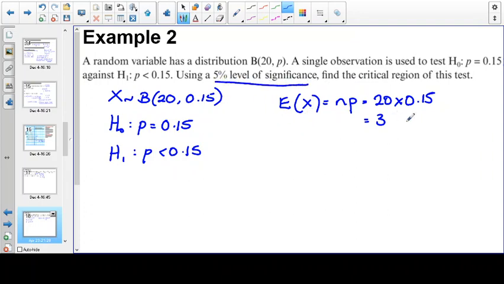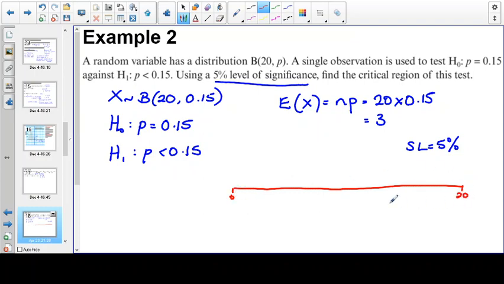The significance level is 5%, so we need to work out our critical region. I'm just going to illustrate with a little number line. You've got the number of trials ranging from 0 to 20, and you've got your expected, which is 3.